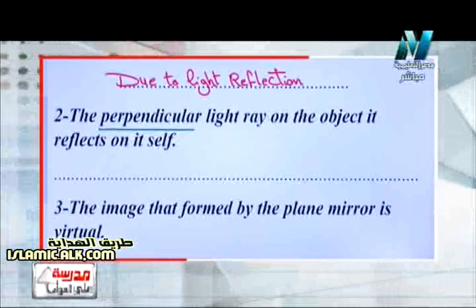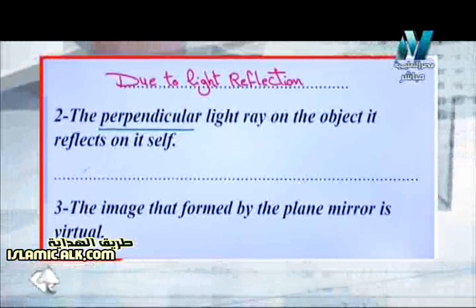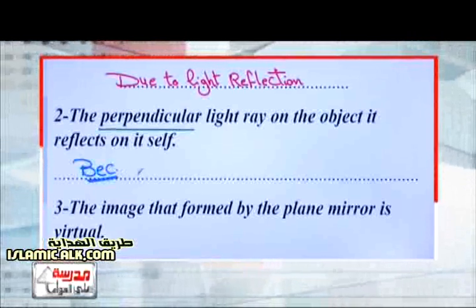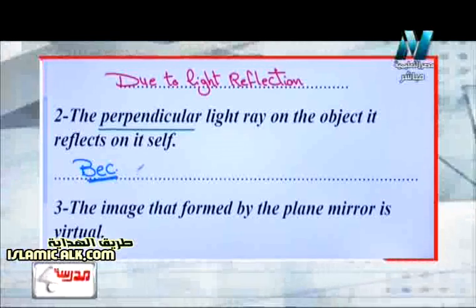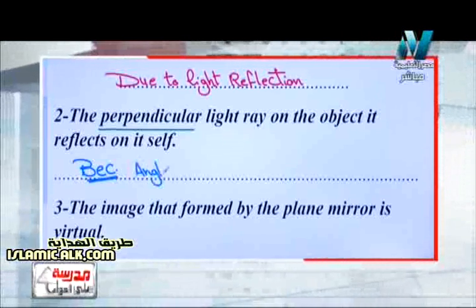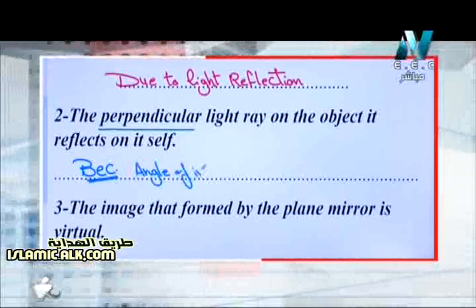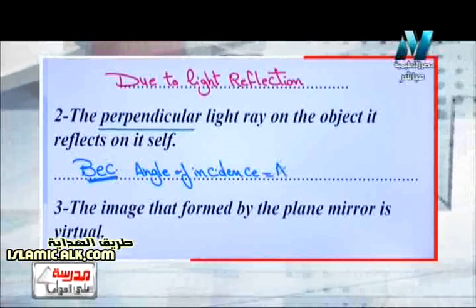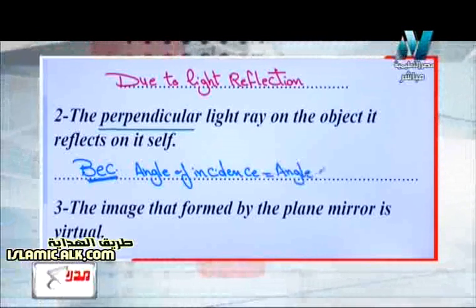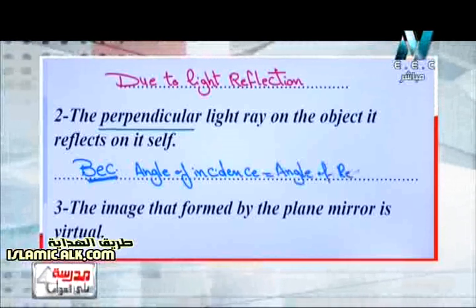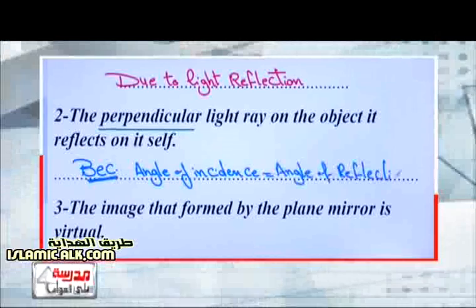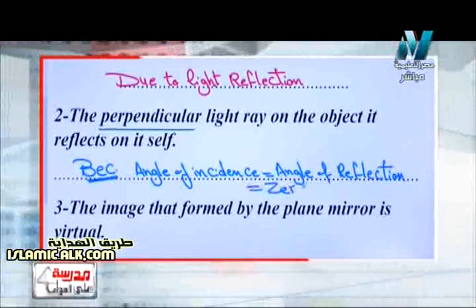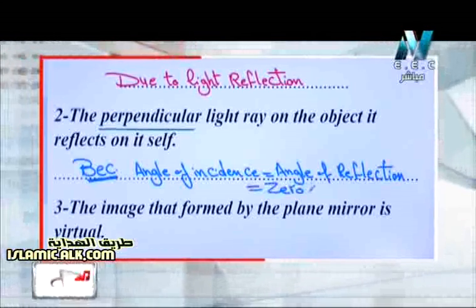Perpendicular light ray on the object reflects on itself. أقول له because, as we have here rule number 1 or first law of light reflection, angle of incidence equals angle of reflection. Equal how many? Equal 0, because the light here reflects on itself.